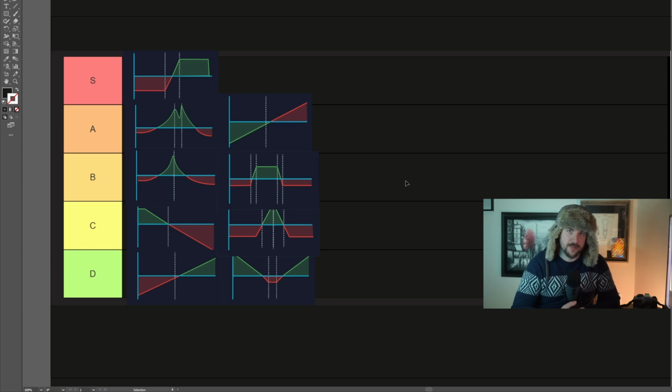The P&L graph being inverted is kind of cooking my brain a little bit, but the long put is in the A tier because unlike the call, it doesn't fight against its own price and volatility dynamics. And so you can really get some nice P&Ls from puts.